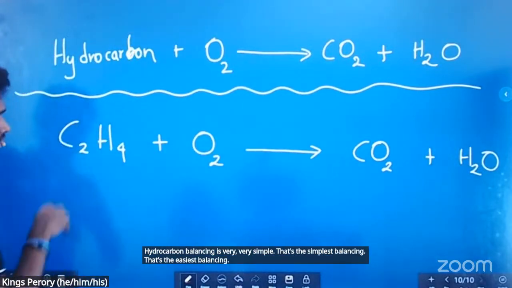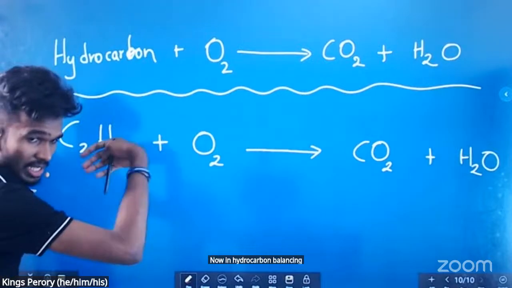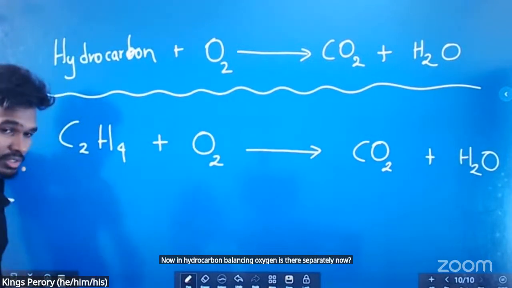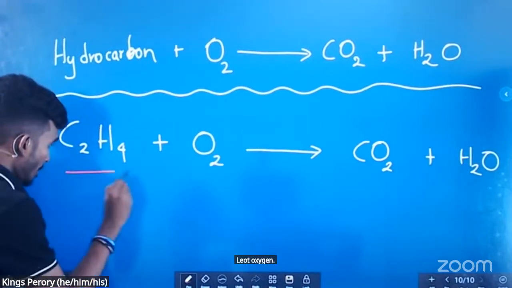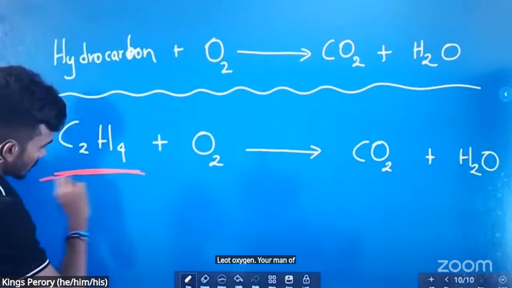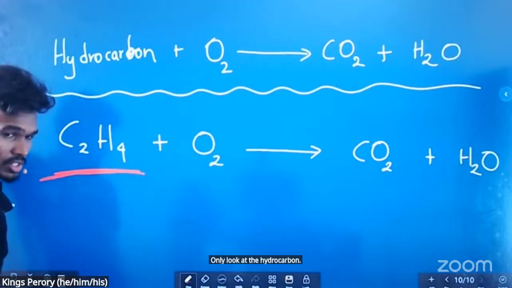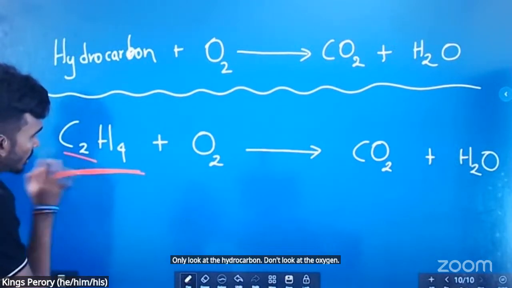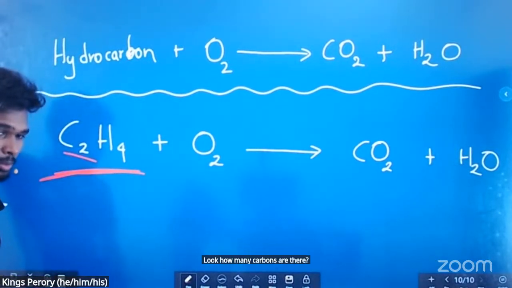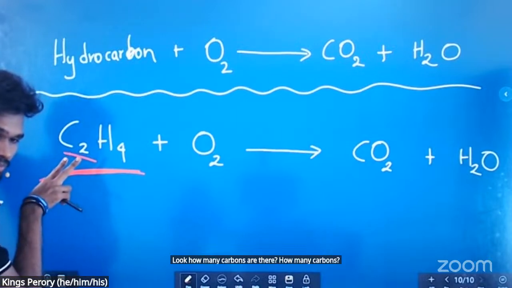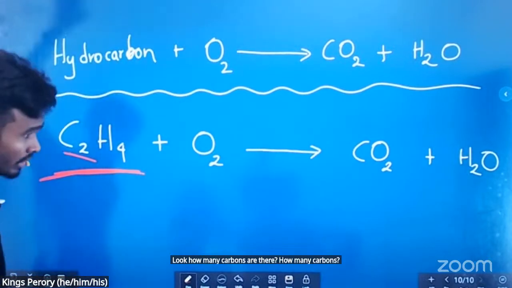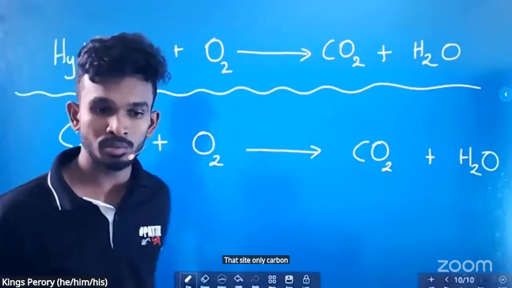In hydrocarbon balancing, oxygen is there separately. Leave the oxygen. Your man of the match is the hydrocarbon. Only look at the hydrocarbon. Don't look at the oxygen. Look how many carbons are there. Two. That side, only carbon dioxide contains carbon.